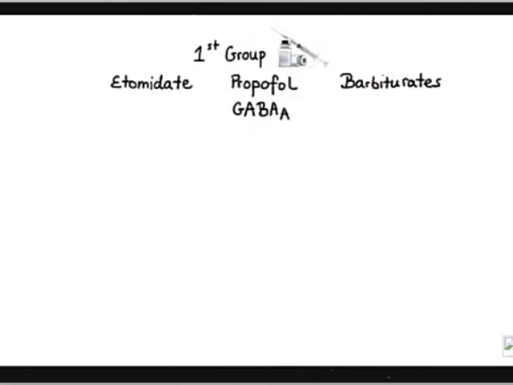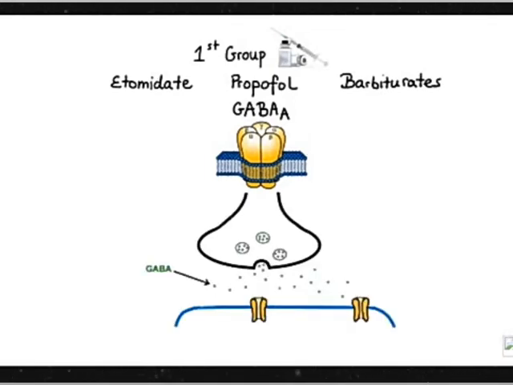So GABA-A receptors are located both postsynaptically and extrasynaptically on the majority of neurons in the central nervous system. They are composed of pentameric arrangements of subunits around a central ion channel pore. When endogenous GABA binds to this receptor, it causes a conformational change which opens the central pore, allowing chloride ions to pass down the electrochemical gradient.